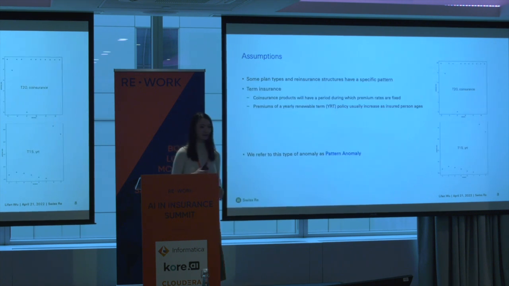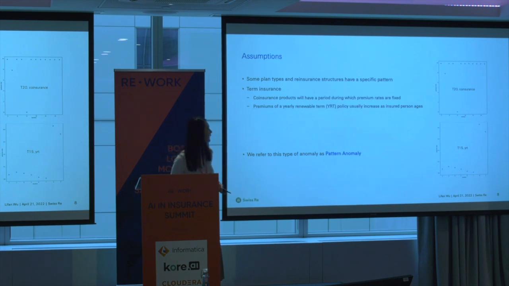Besides, because we are working with life insurance, we know that some plan types and structures have a very specific pattern. Here I list two examples. The first one is the co-insurance product. For a co-insurance product, there is usually a period during which the premium rates are fixed.